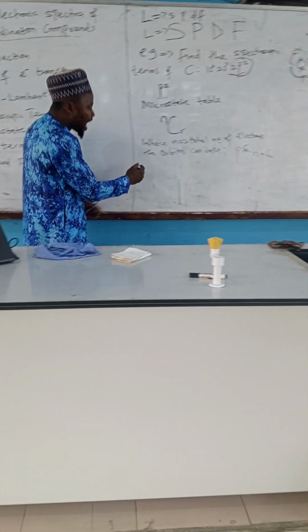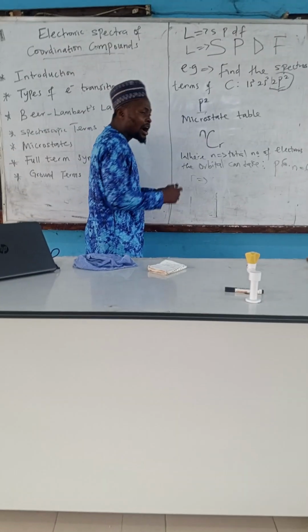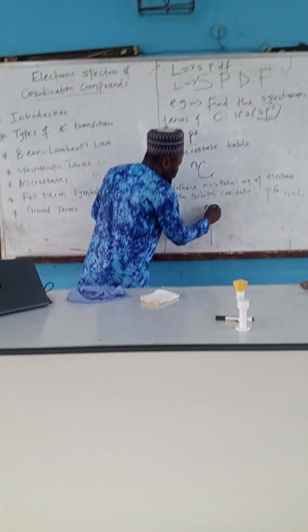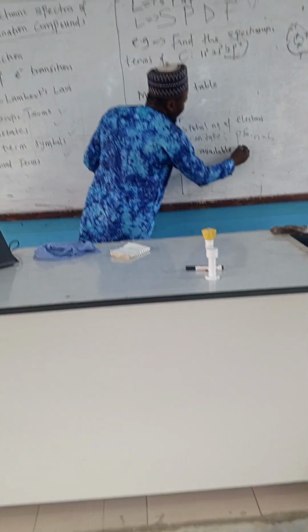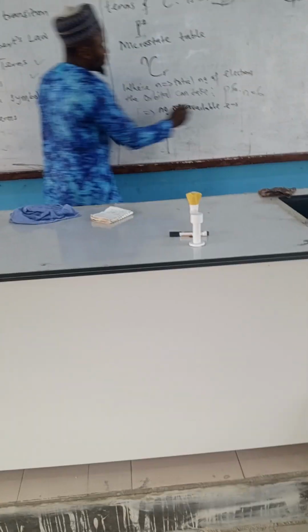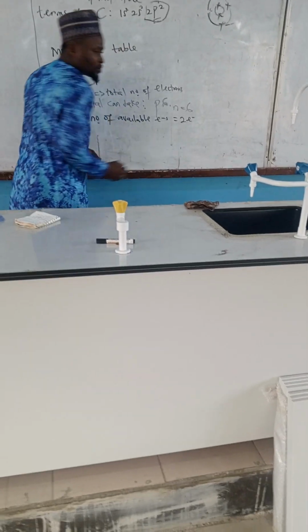R is the number of available electrons. In this case, we're having 2 electrons.